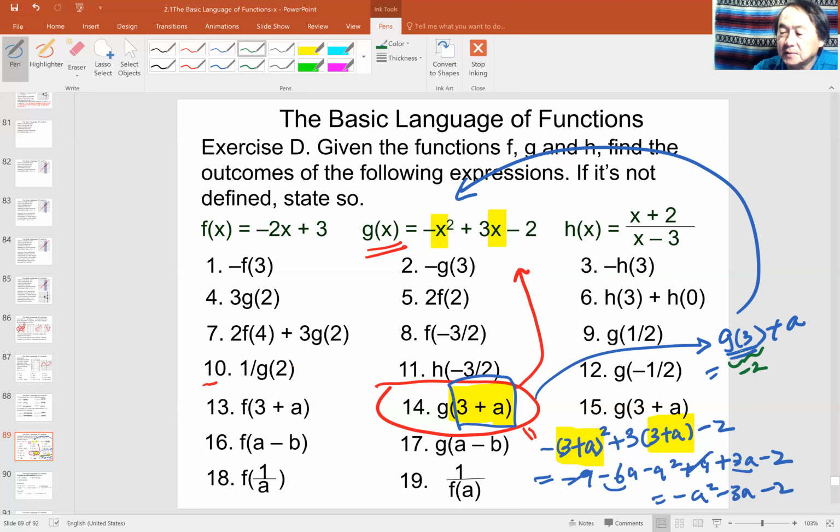And so g of 3 plus the a outside the parentheses, plus the a afterwards. So in this case the answer is just minus 2 plus a. So be careful when you read the instructions of the homework exercise.